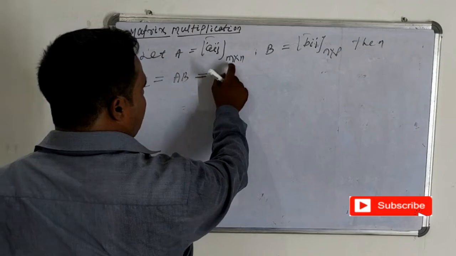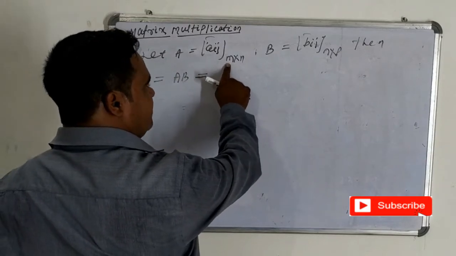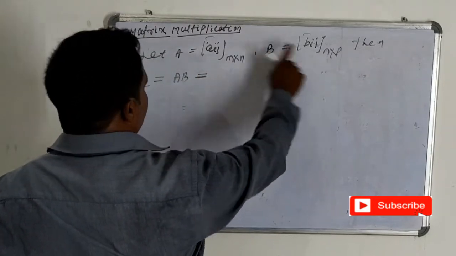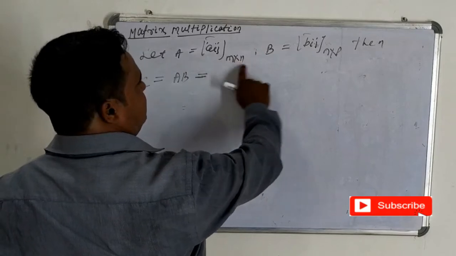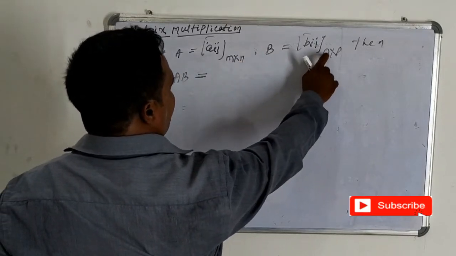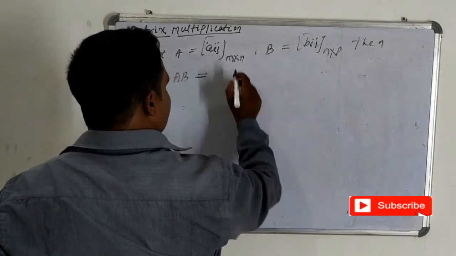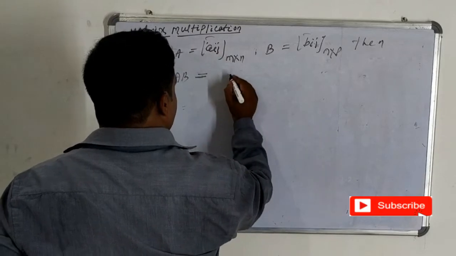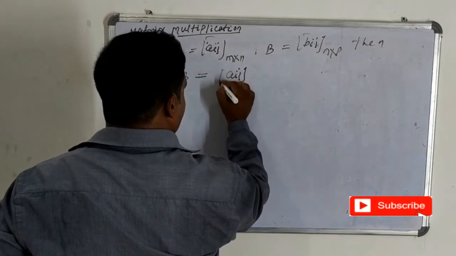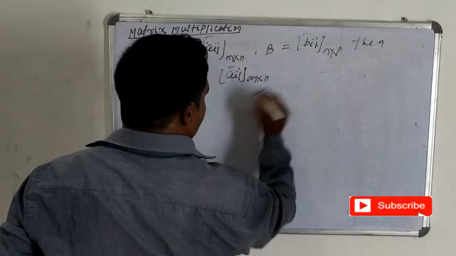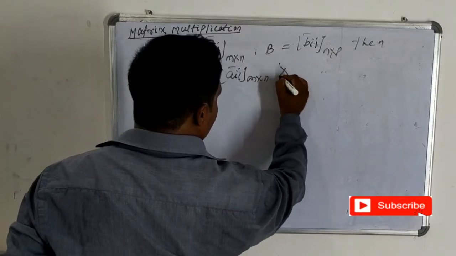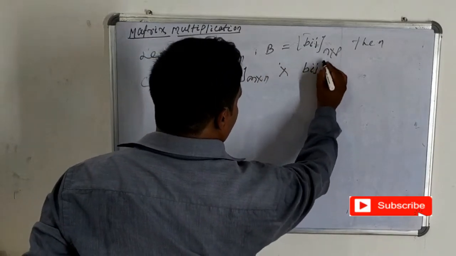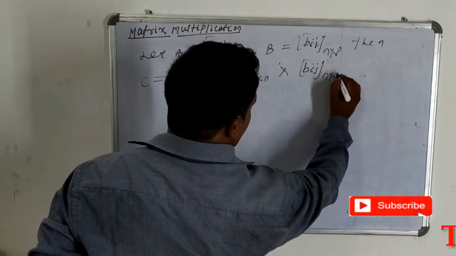Here the number of columns of the first matrix is n, and the number of rows of the second matrix is n. So first Aij of order m by n is multiplied by Bij of order n by p.